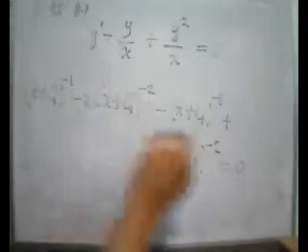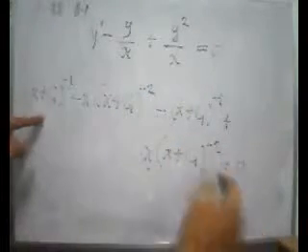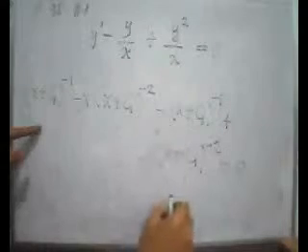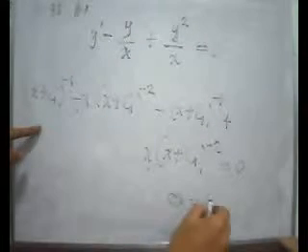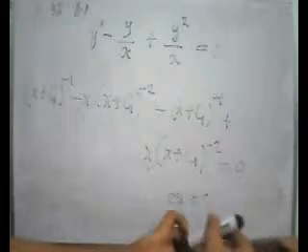Now try to check if it's working. This one cancels out. This one also cancels out. So 0 now is equal to 0. Thus, we've proven that our solution in number 1, page 38, with this differential equation is correct.